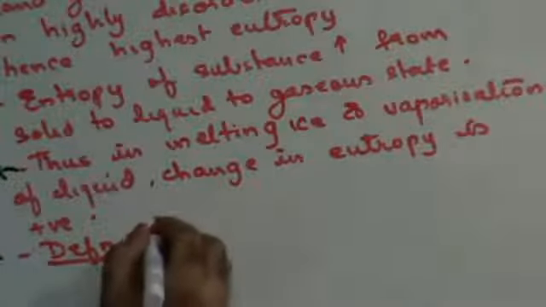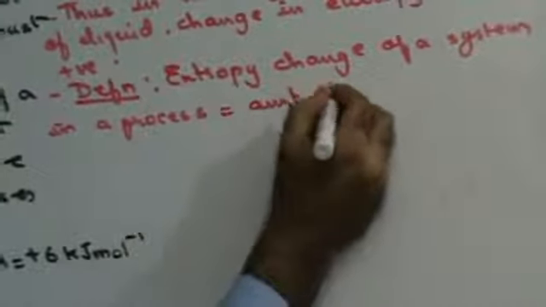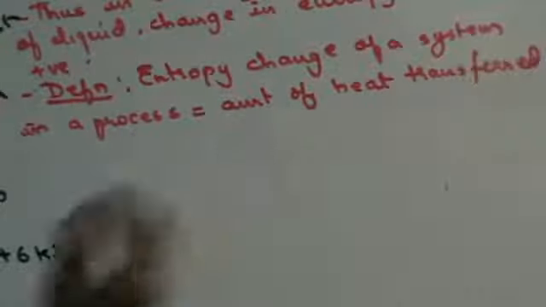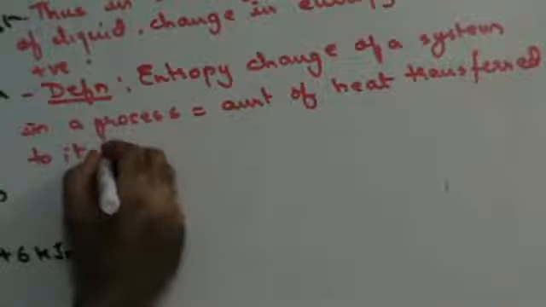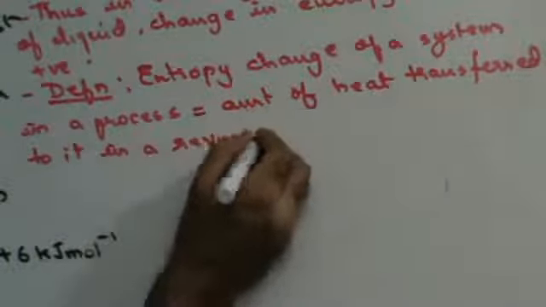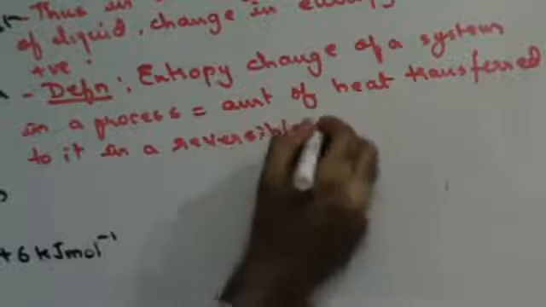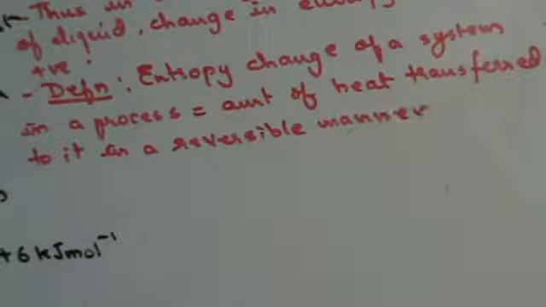Hence, entropy change of a system in a process is equal to the amount of heat transferred to it in a reversible manner divided by the temperature at which the transfer takes place.